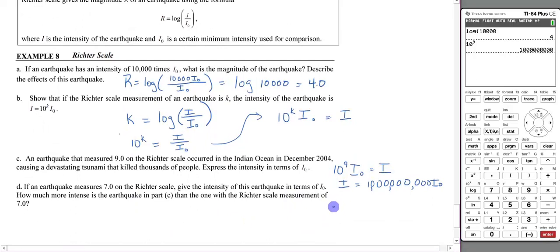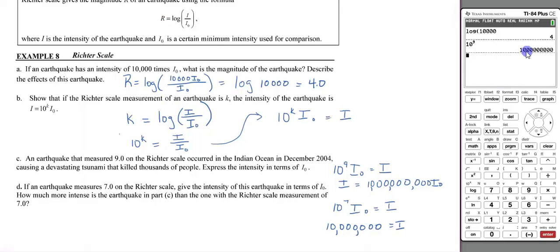So we have 10 to the 7th times the minimum intensity is going to be the intensity of that earthquake, and 10 to the 7th is going to be 10 million.